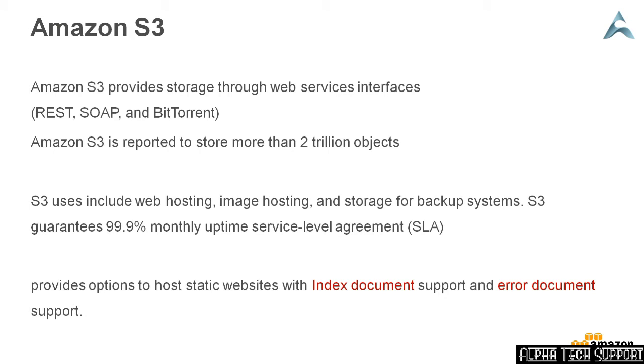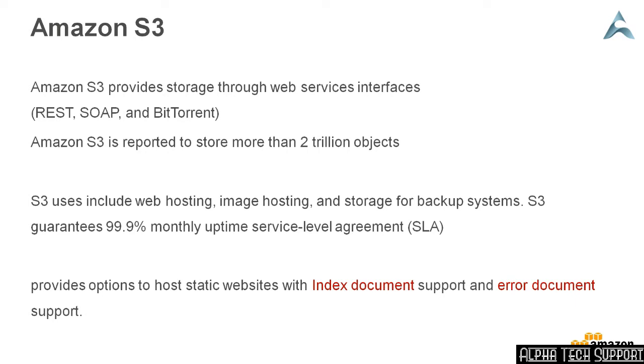So Amazon S3 provides storage through web service interfaces, that is REST, SOAP, and BitTorrent, currently these three. Amazon S3 is reportedly storing more than 2 trillion objects of various vendors, individuals, and a huge chunk of companies. Corporate data are stored in Amazon Cloud.